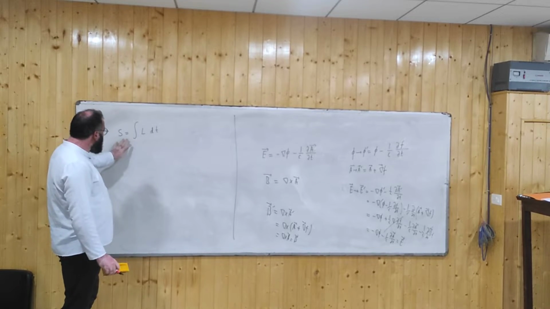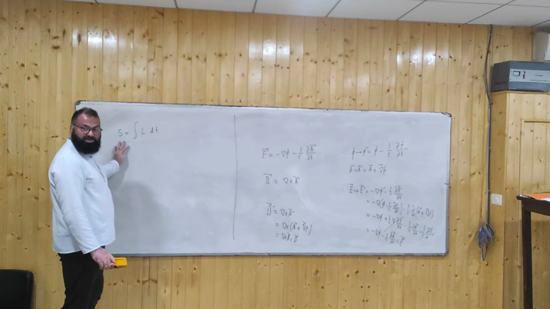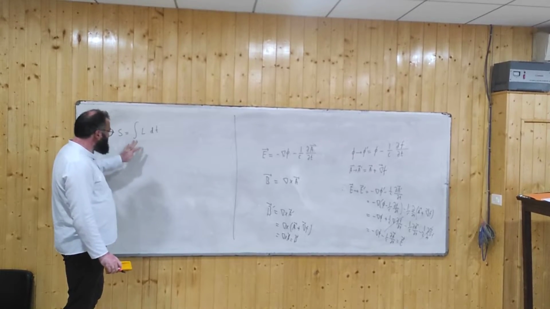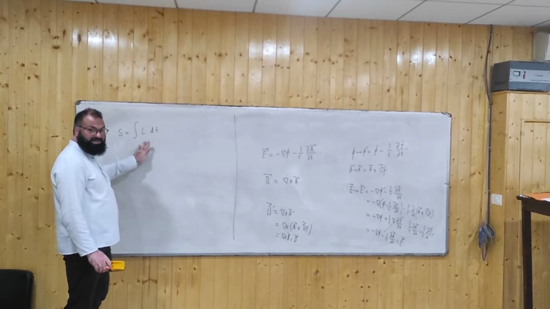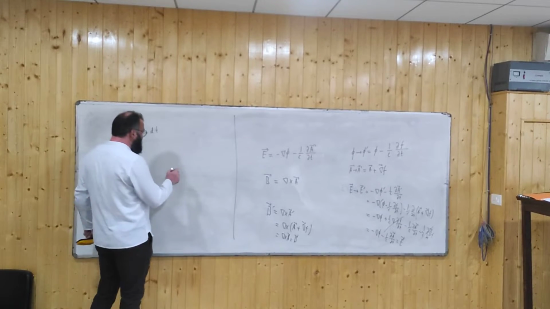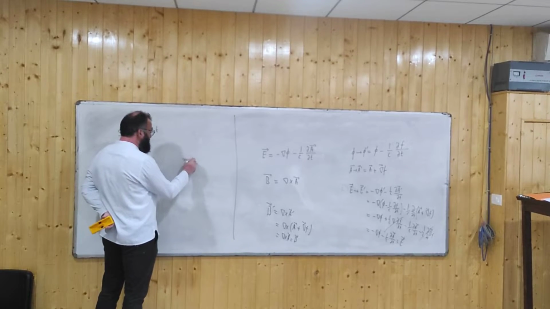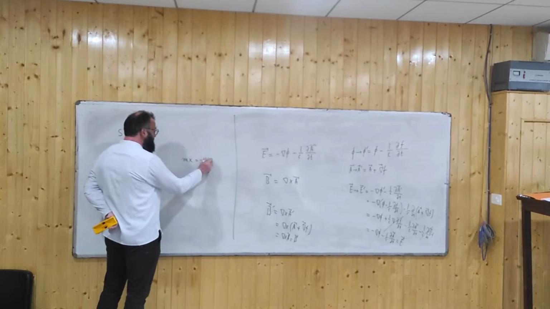From this action you can derive the equations of motion. If you know the equations of motion, you can construct the Lagrangian. Let me give an example. Let's say you know Newton's law: m x double dot equals minus V dash of x.